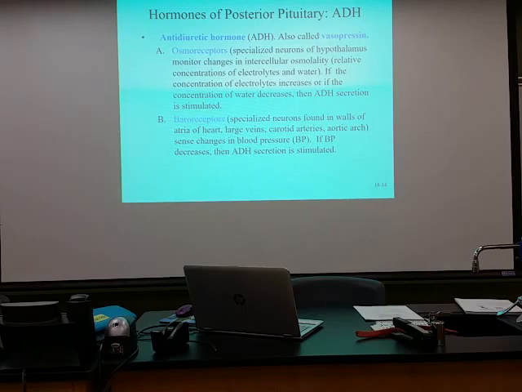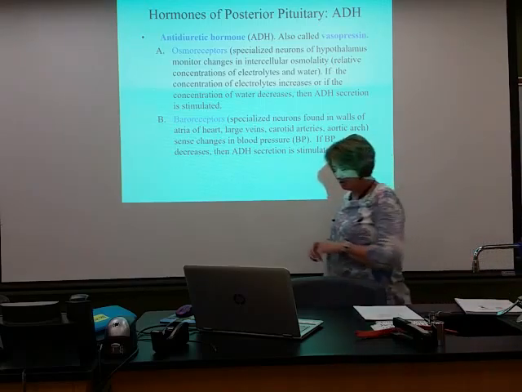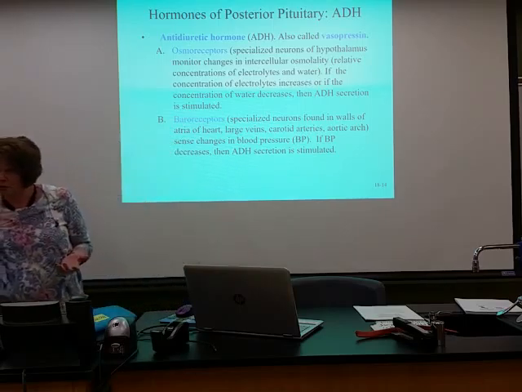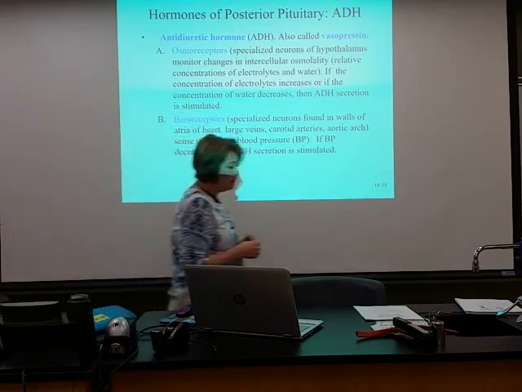The way that it's going to do that, it's going to constrict the blood vessels. And that, of course, is going to be in relationship to blood pressure that can be picked up.